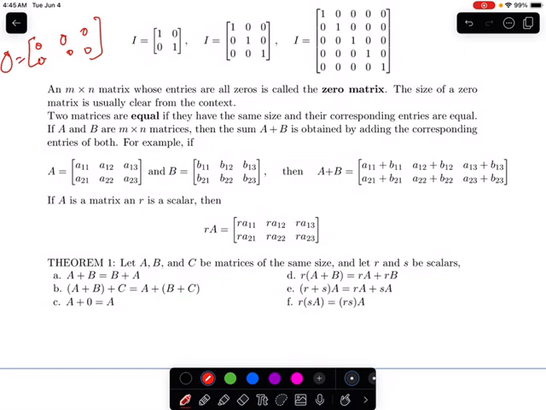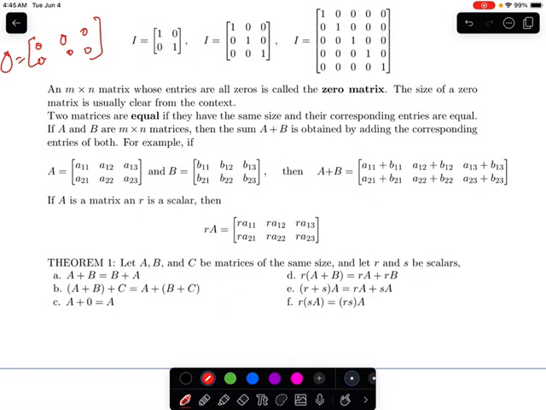Now, we say two matrices are equal to each other if they are of the same size and their corresponding entries are equal to each other. How do we add matrices? In order to add matrices, the sizes of the matrices must be the same, and then we add the corresponding entries.